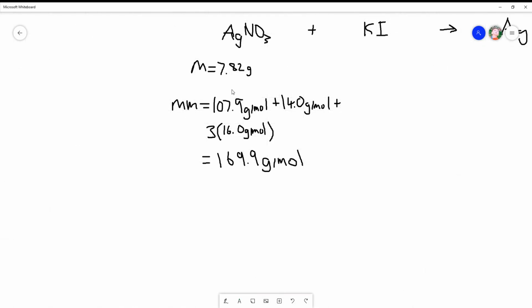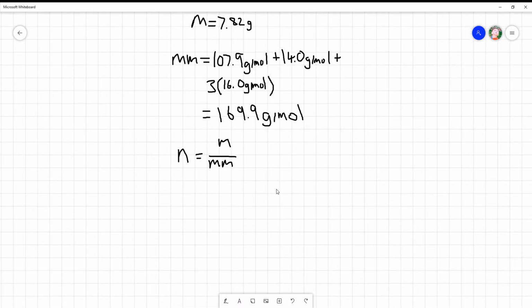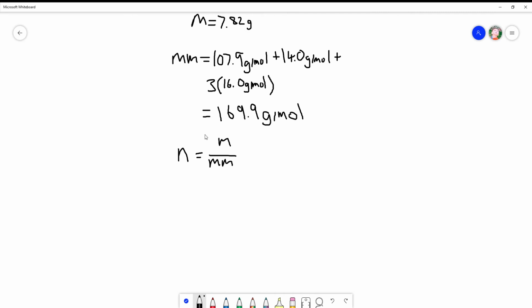And now with these two pieces of information, we can calculate the number of moles of silver nitrate. This can be calculated with the formula n, number of moles, equals mass over molar mass. So we just have to plug in the numbers. n equals 7.82 grams over 169.9 grams.